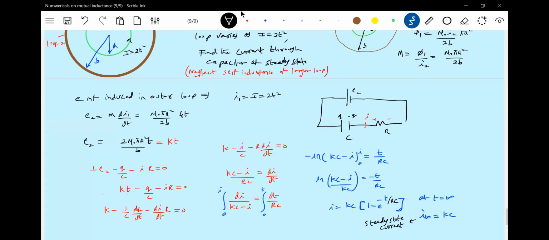You do get plenty of questions based on this mutual inductance. This will be our answer.